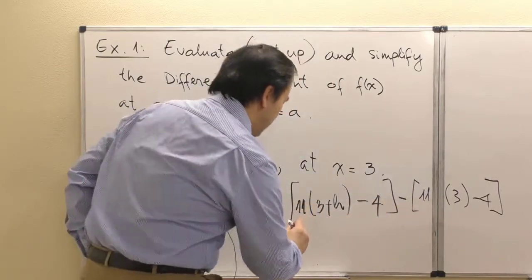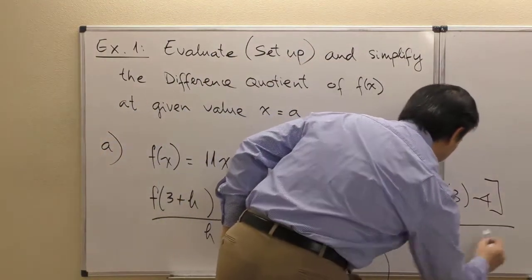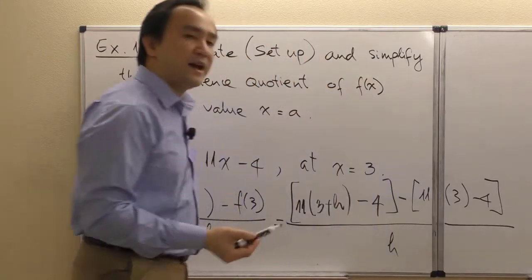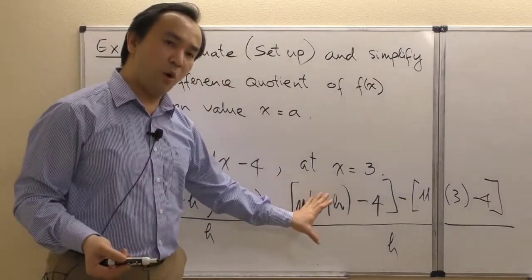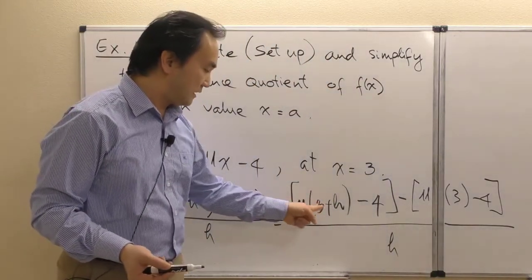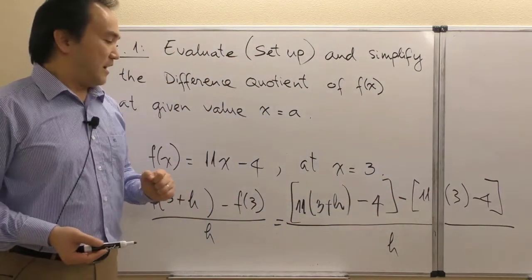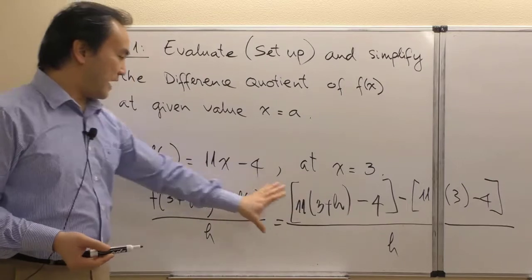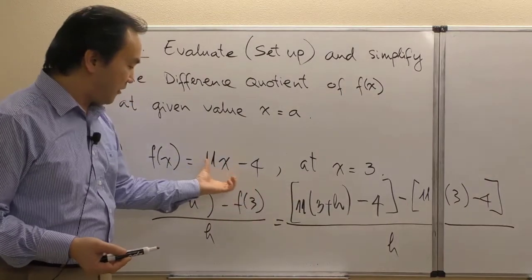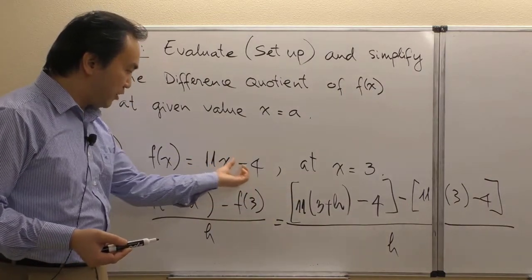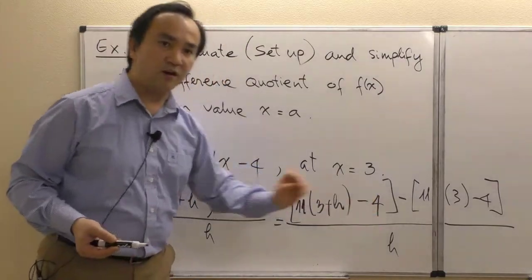And now we're going to divide by h. That is our difference quotient with the actual 3 plus h and 3 substituted in. Our function says 11 times the input minus 4, and that's how it produced all of this for us.